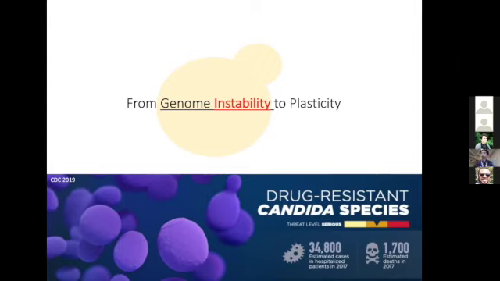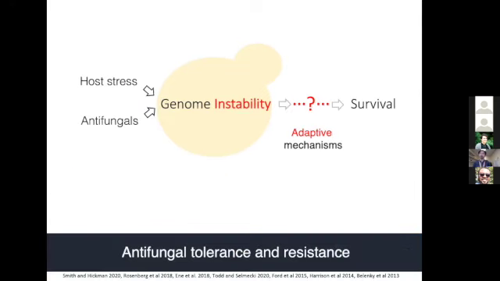Since we have only had 3 antifungal drugs in the past 30 years, antifungal resistance is kind of an inevitable problem we are facing. But why is this so difficult to treat? One of the reasons is that we really don't know how this happens.